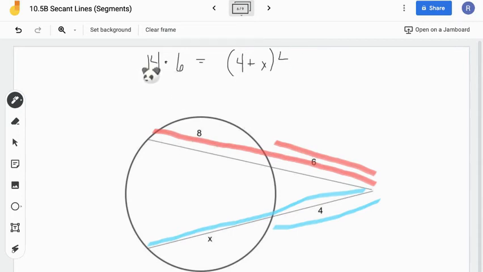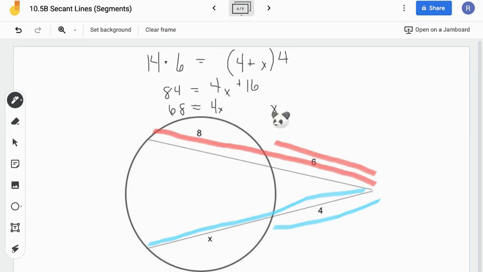Okay, 6 times 14 is 84. And so we're going to have 4x plus 16. Now I need to get that x all by itself. So as I start rearranging, I'm going to subtract 16 from both sides. 68 is equal to 4x.